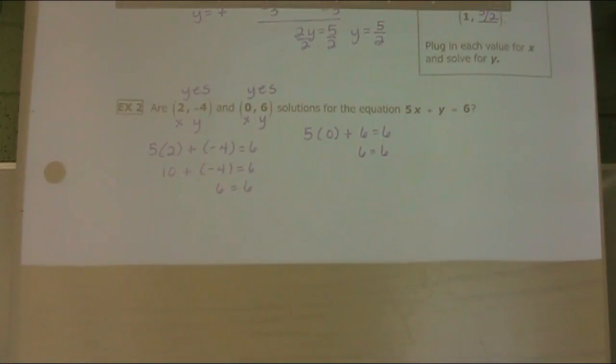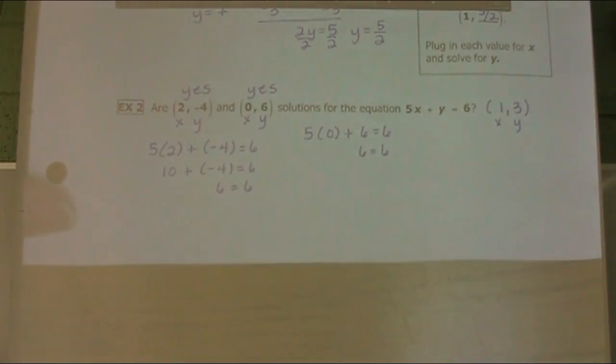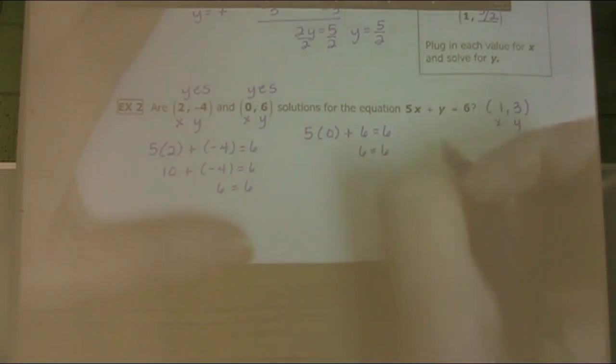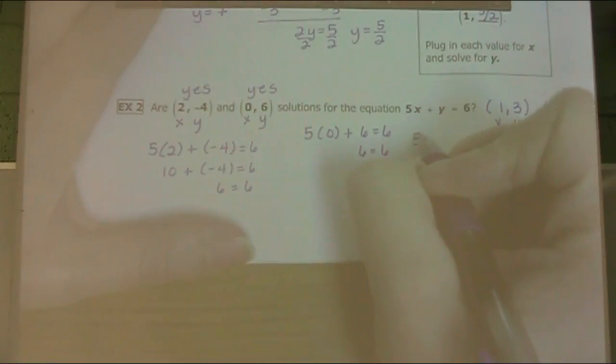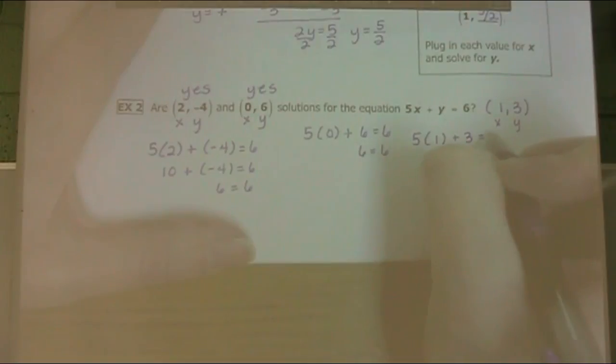Let's try another one. We'll do it off to the side. How about 1 and 3? So we'll plug in 1 for our x value, 3 for our y value, and check this. So I've got 5 times 1 plus 3 equals 6.